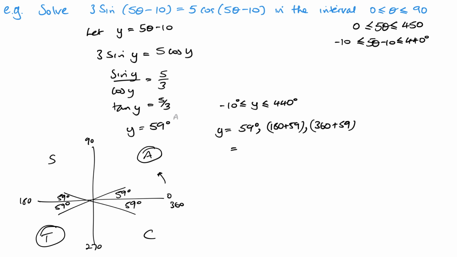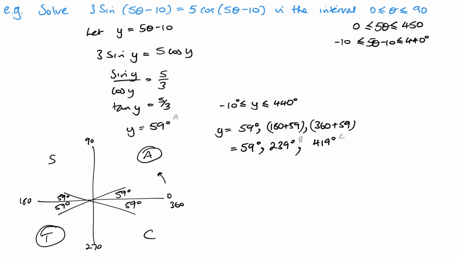So let's put our values down. We've got 59 degrees, then 180 plus 59, which is 239 degrees, and I'm going to store that as B in my calculator. And finally we have 419 degrees, and I'm going to store that as C in my calculator.